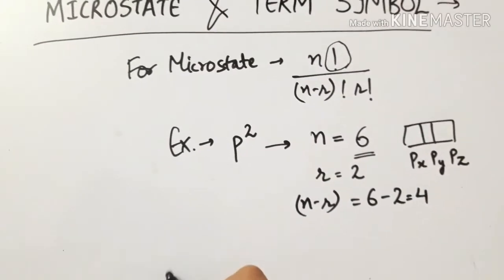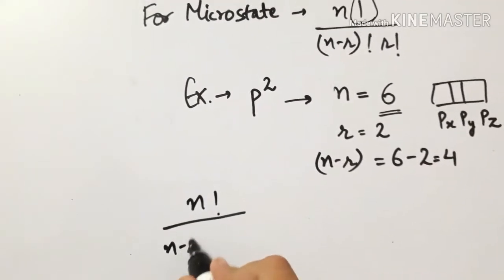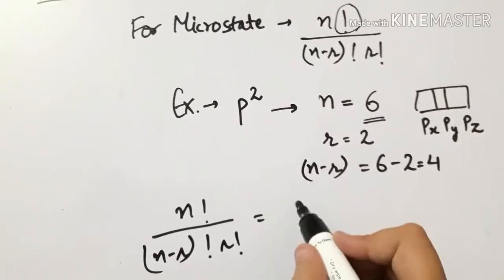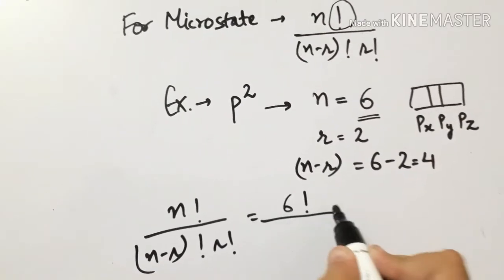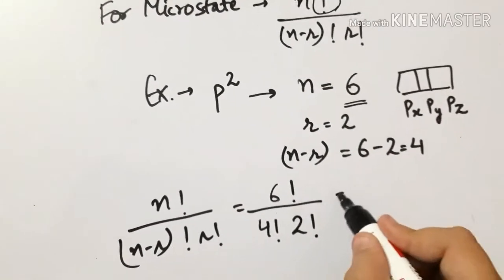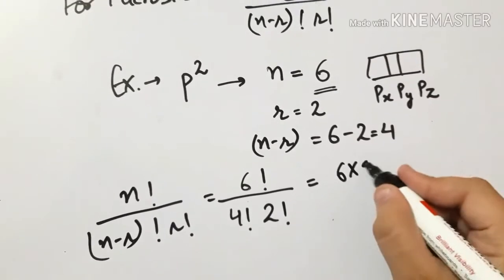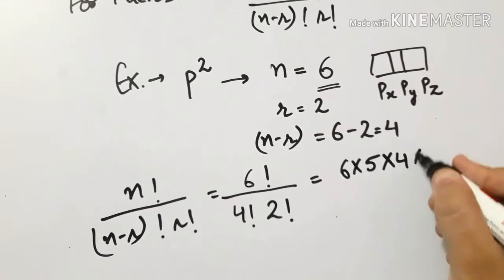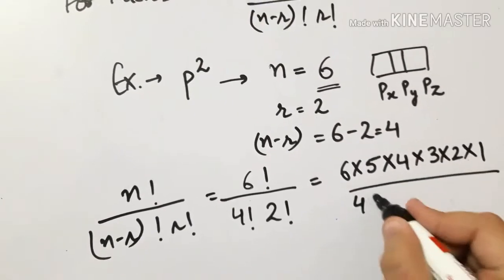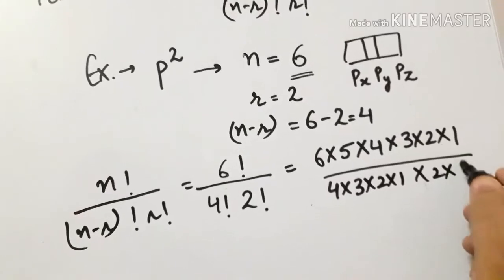Now for the microstate, n factorial upon (n minus r) factorial and r factorial. So n factorial is 6 factorial upon n minus r, that is 4 factorial, and 2 factorial. We will write the factorial as 6 into 5 into 4 into 3 into 2 into 1 upon 4 into 3 into 2 into 1 and 2 into 1.